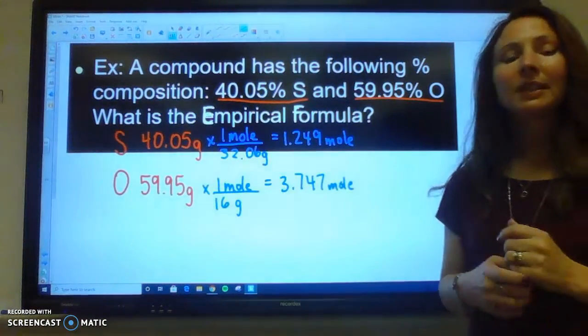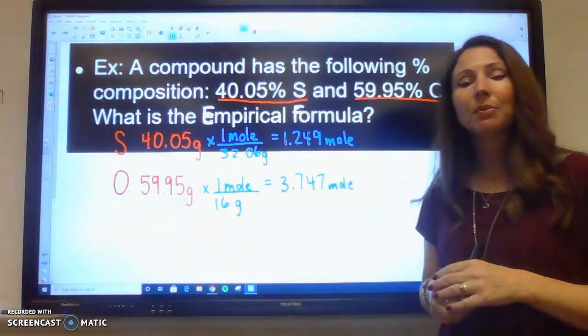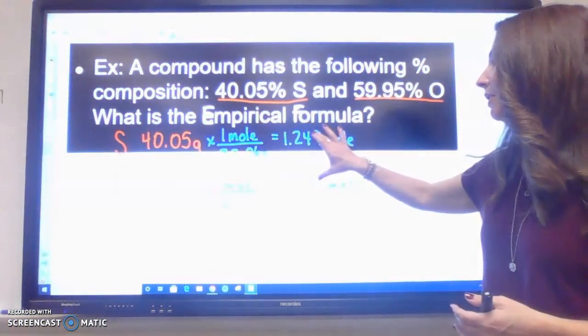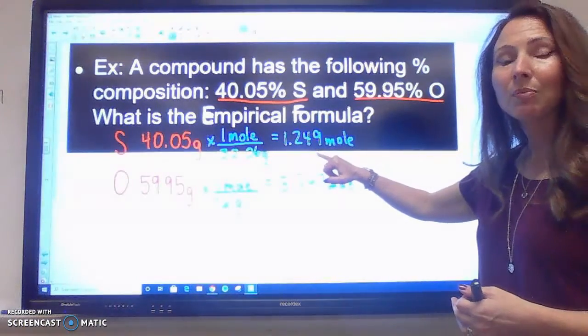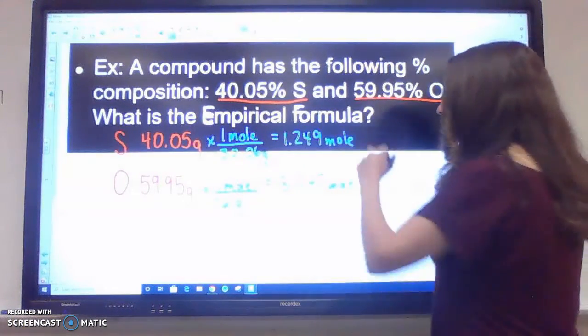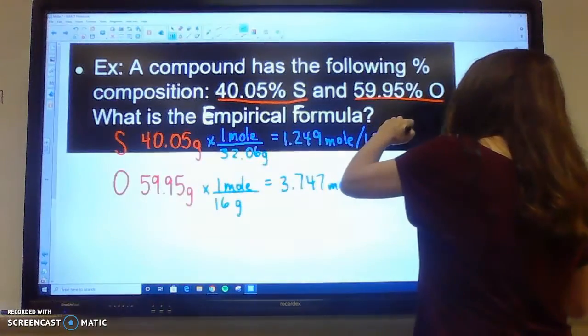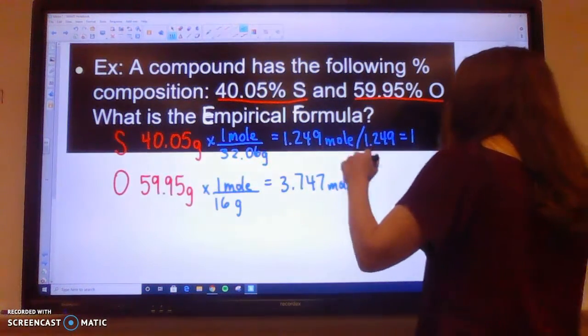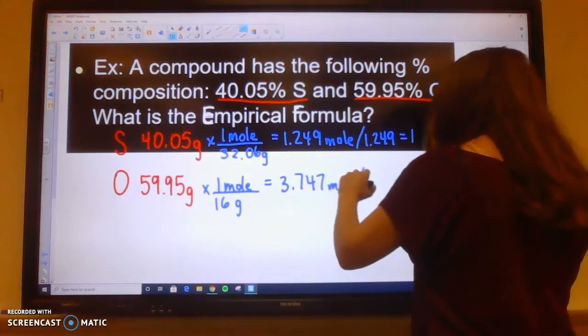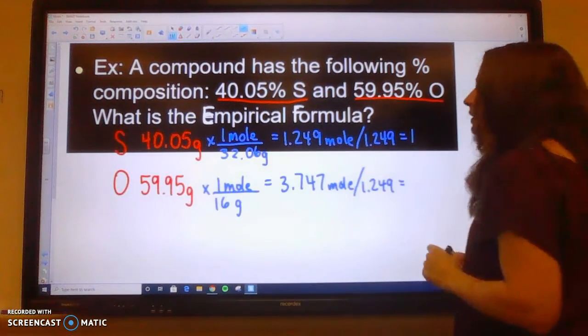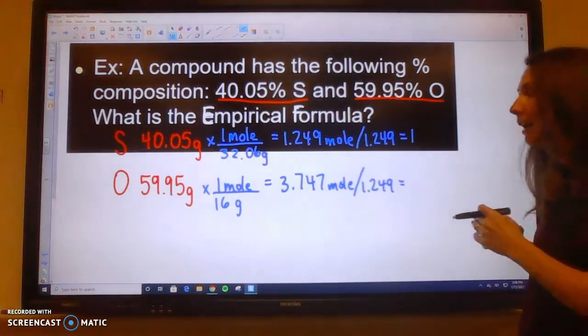So moving on to step 3 in the process, step 3 is to divide by the least number of moles. Between these 2 numbers, the smallest one is 1.249. So we're going to divide both of these by 1.249. That gives us a 1 on top for sulfur. And then this bottom number, when we divide, we get exactly 3 in the calculator.